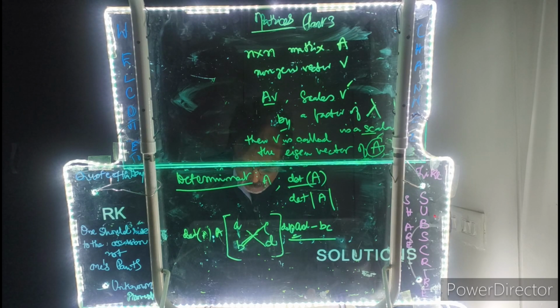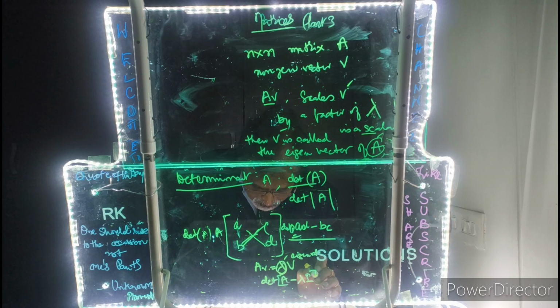As we have seen with the eigenvalue, Av is equal to lambda v. We are multiplying with lambda, the eigenvalue, and that gives A minus lambda I equal to 0.